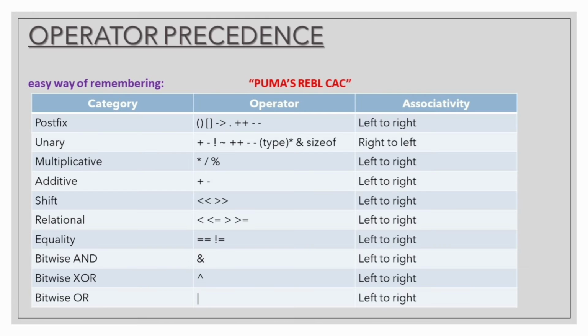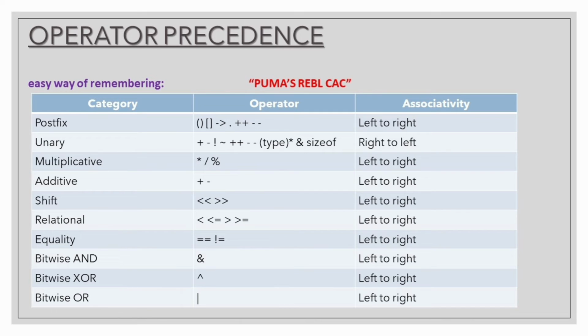Now let's go to operator precedence. An easy way of remembering the priority order is "Pumas Rebel Clark". Here P stands for postfix operator, U stands for unary, then multiplicative, additive, shift, relational operator, equality operator, bitwise AND, OR and XOR. Here the associativity rule is followed from left to right except for unary.